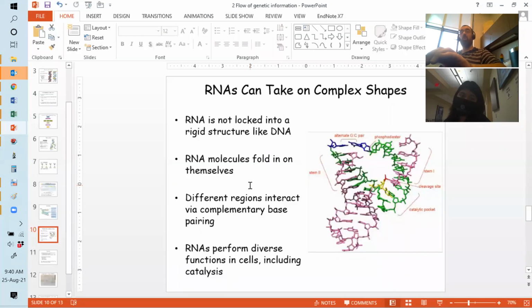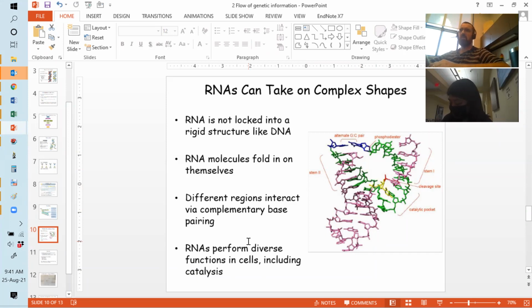So RNA can take on all kinds of funky shapes. They really can. And they can be dynamic as well. So they can kind of move. The shape is important for, so this one is a ribozyme. So it has a catalytic pocket. Some of them are involved in controlling gene expression in different ways.